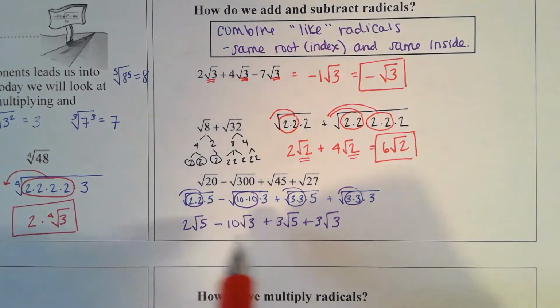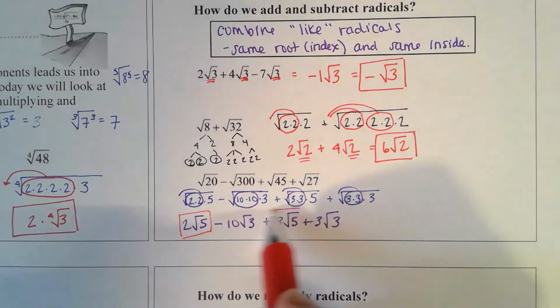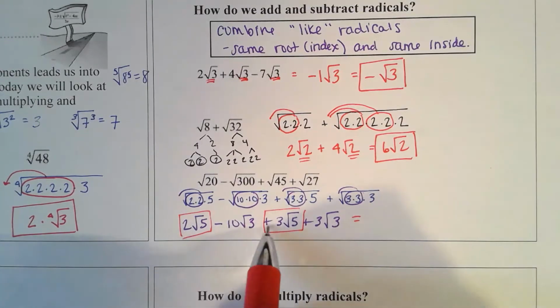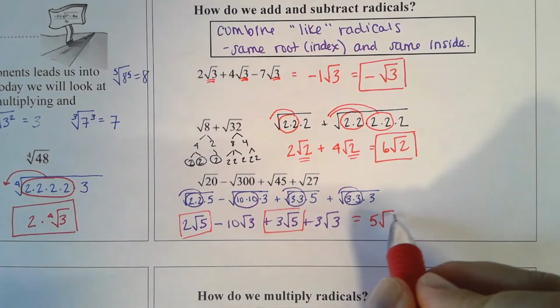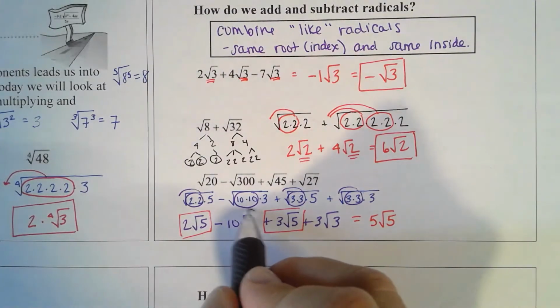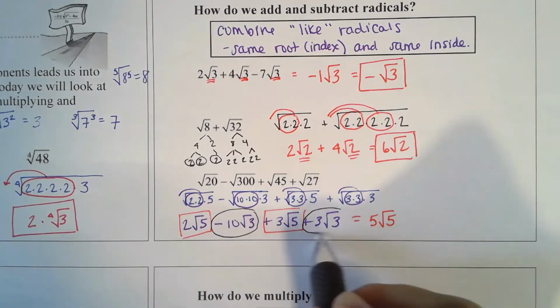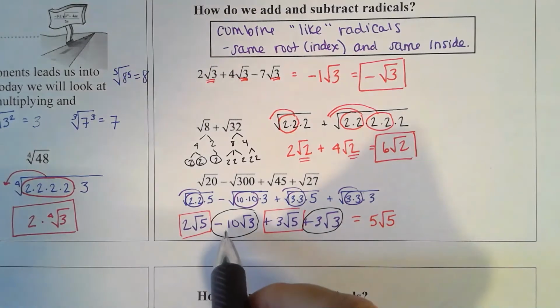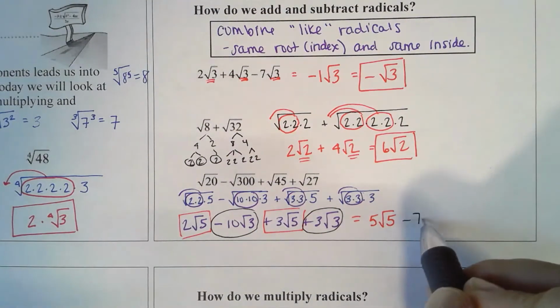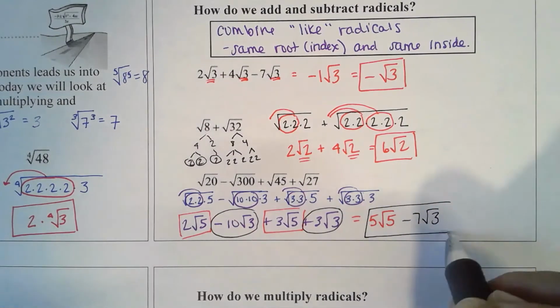These two are like terms because they're both radical 5's. So 2 radical 5 plus 3 radical 5 is 5 radical 5. And then these two are like terms because they're both radical 3's. So I have a negative 10 radical 3 plus 3 radical 3, which is negative 7 radical 3.